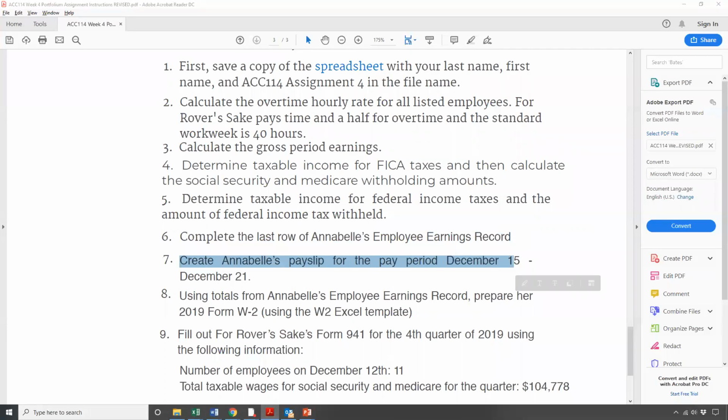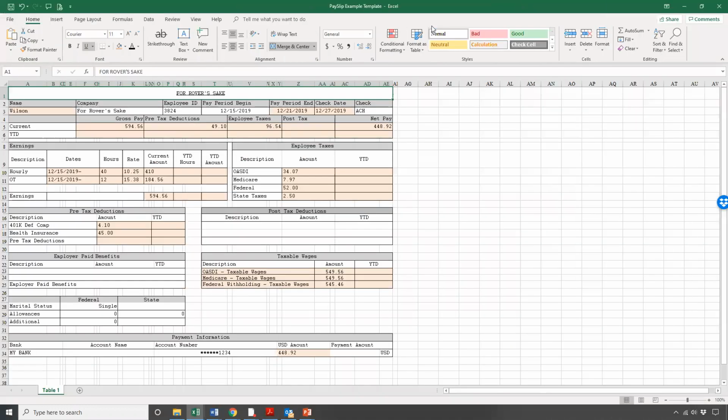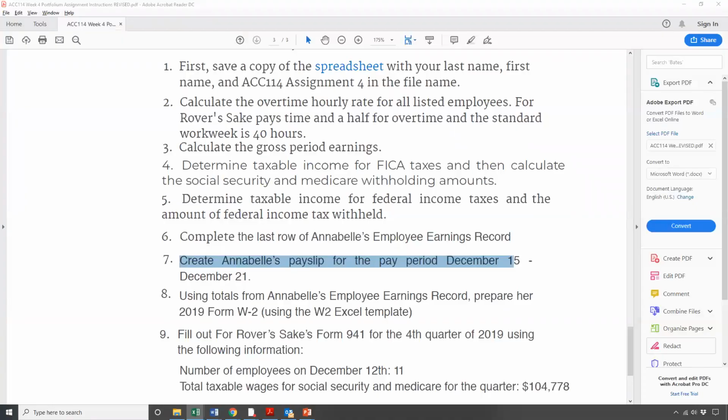So let's take a look at the pay slip. This is what the pay slip is going to look like. And oh, this is the one I did. Let me open the other one just one second. It's the one I completed for my example that I was doing.